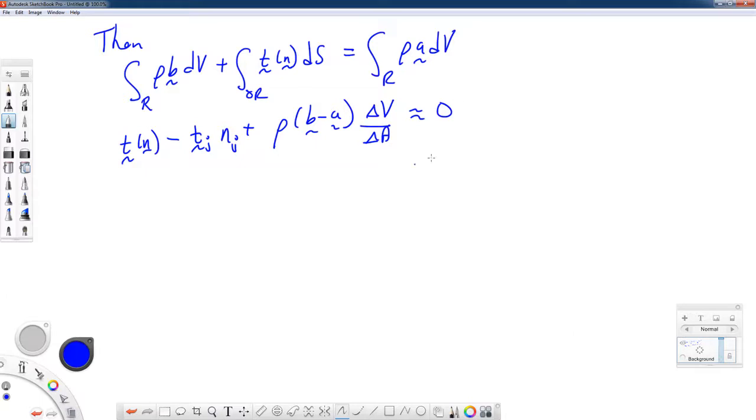And when we reduce this down to a point instead of a finite region, this ratio of the volume to the area tends to 0. The volume will go to 0 faster than the area.